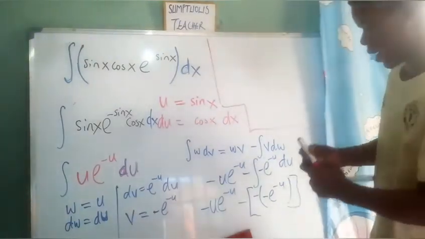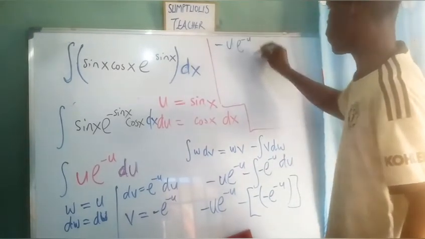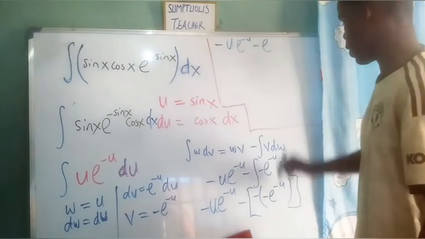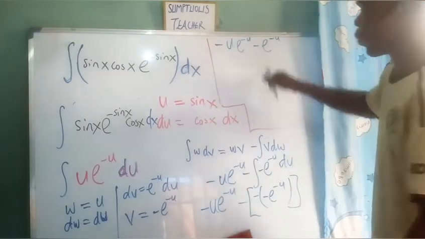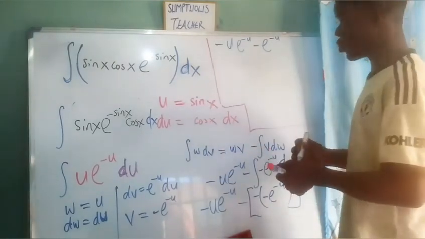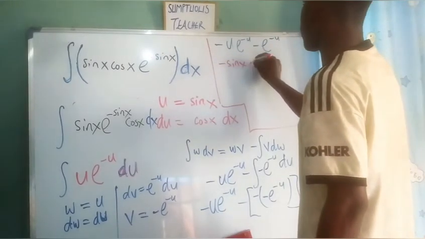Great. Now we have here negative u e to the negative u. These 3 negative signs is just negative e to the negative u. What was our u? Our u, we said it to be sine of x. So at this point we can just call it negative sine of x.